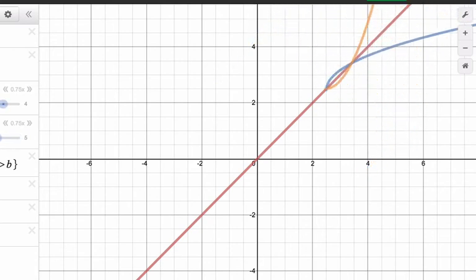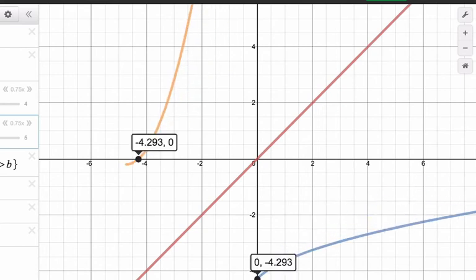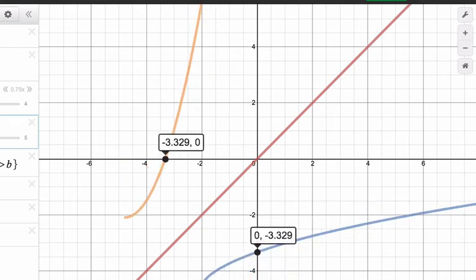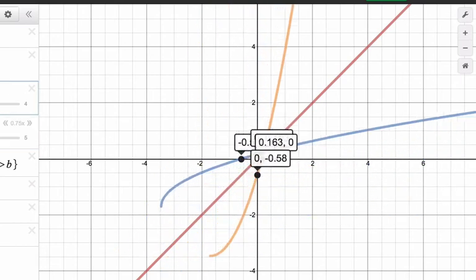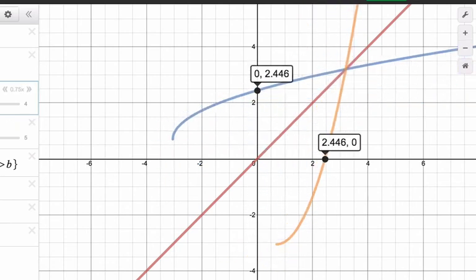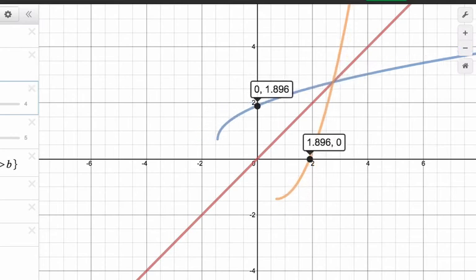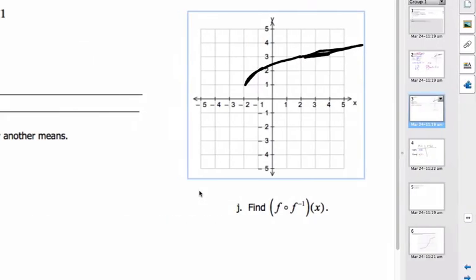What do you notice about the blue curves and the yellow curves as they change? Hopefully you recognize that you get a reflection of each other. And so the inverse is just a reflection over the line y equals x.